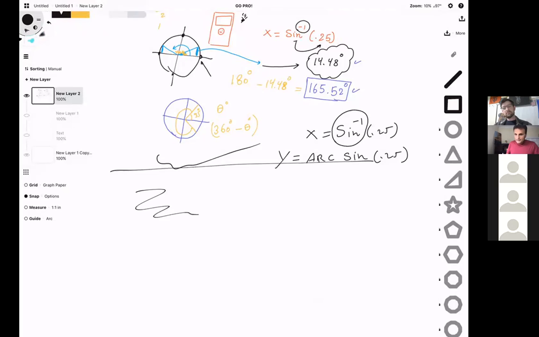Now tell me what is sine of cosine inverse of 1/4. This is an exact value. What is this equal to?